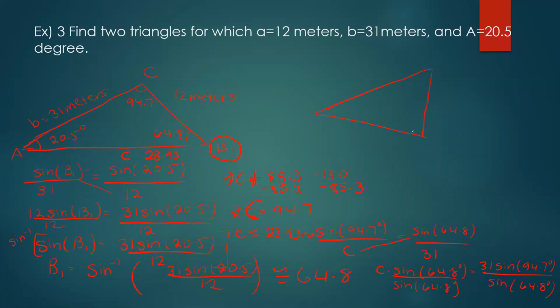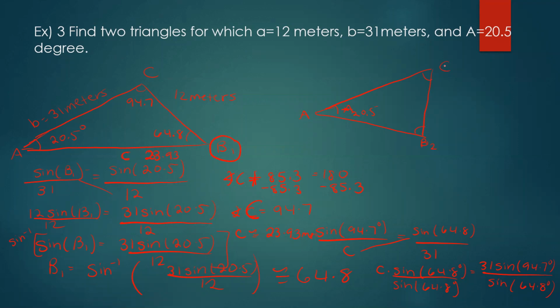Instead of B1, we'll call this angle B2. And then we'll call this angle A, here, and this is 20.5. And then we'll call angle C. We don't know what angle C is, so we'll call it just C.